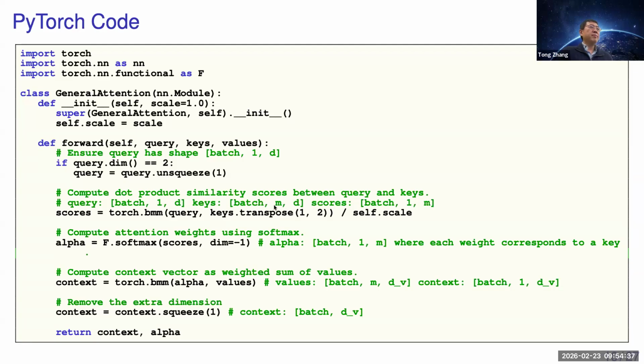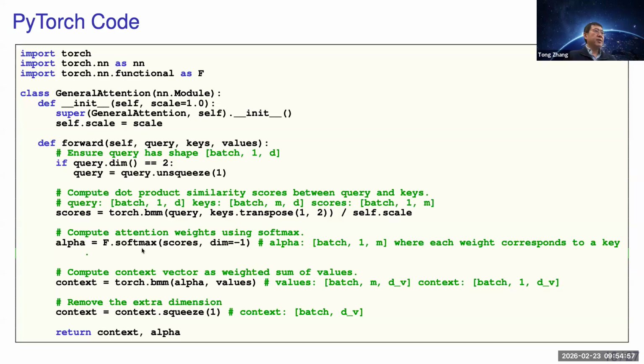The keys are M key-value pairs with D dimension. So you do a transpose, making D here, then you do a matrix multiplication. Essentially it's an inner product sum. And then you have a scale. This is a scaled dot product.